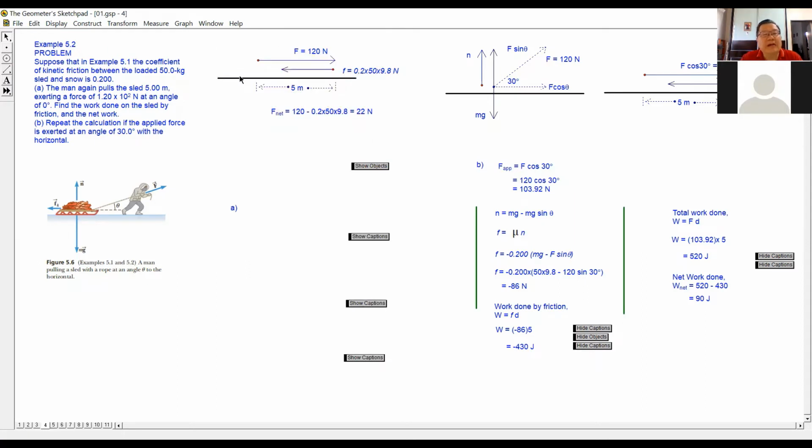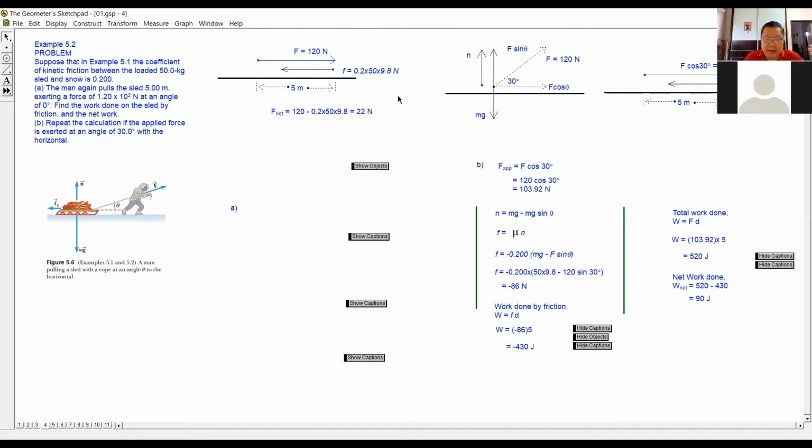This black line is the surface of the snow, and the force of 120 newtons is acting horizontally, parallel to the snow. Then we know that the frictional force is also along the surface of the snow, and it is parallel, but opposite to the direction of motion.